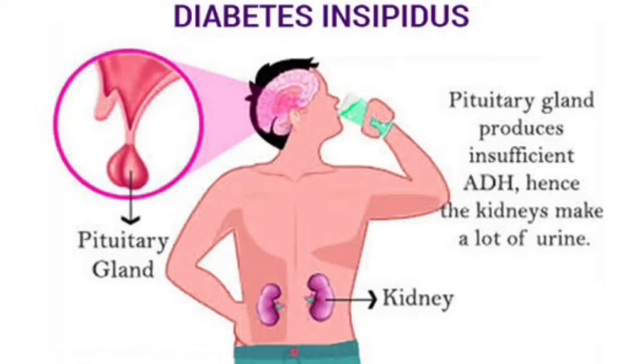So like we said, the antidiuretic hormone helps to increase the facultative reabsorption of water from the distal convoluted tubule and the collecting duct. So when there is absence of antidiuretic hormone, the distal convoluted tubule and the collecting duct become totally impermeable to water. So it will lead to water being excreted from the body.